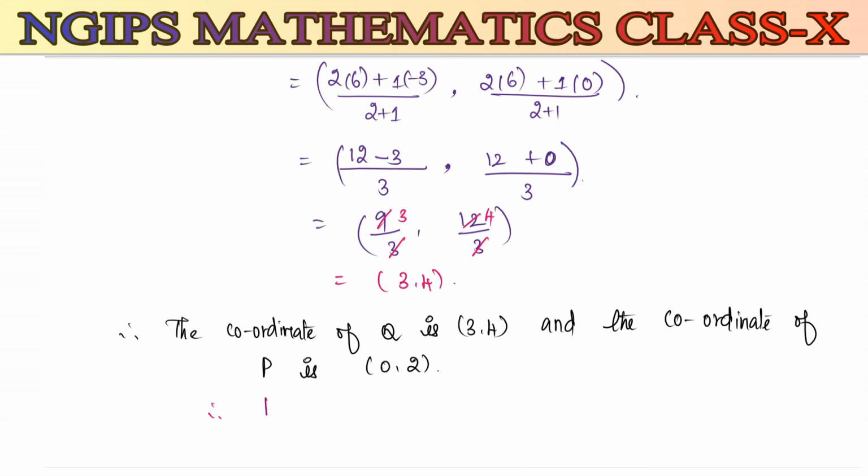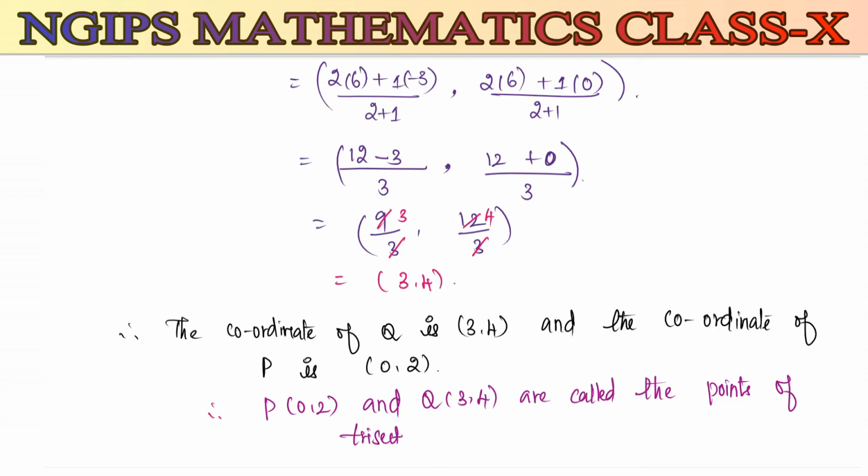Therefore point P (0, 2) and point Q (3, 4) are called the points of trisection. This is the final answer.